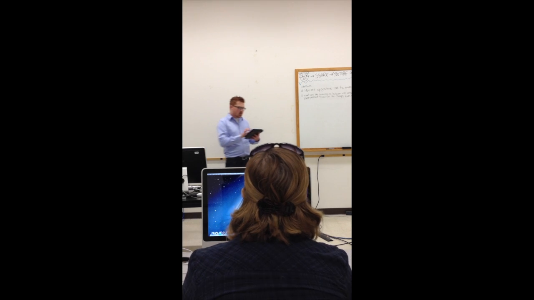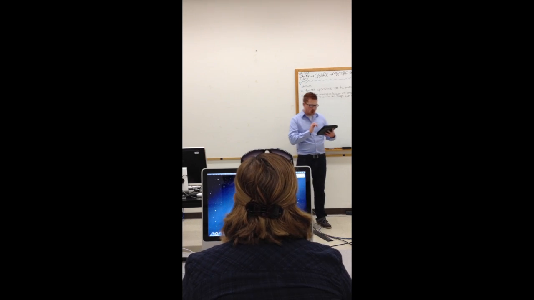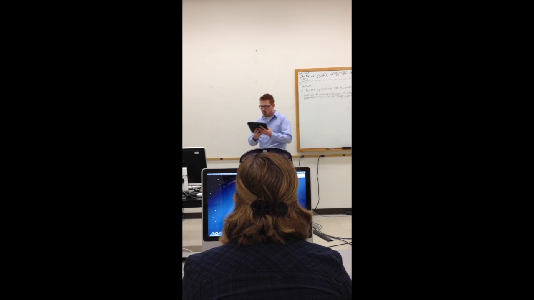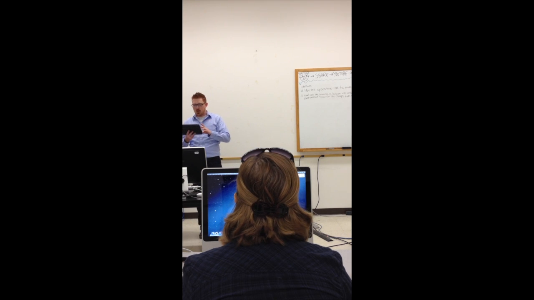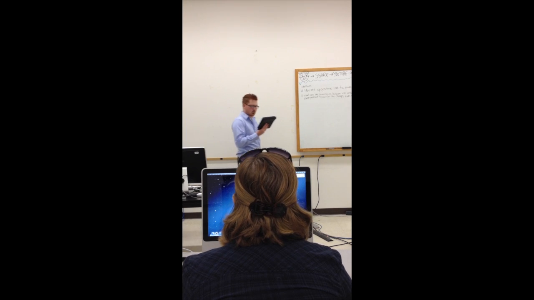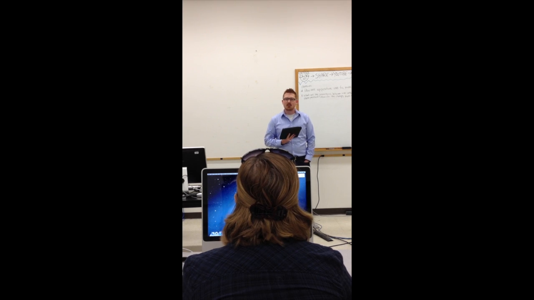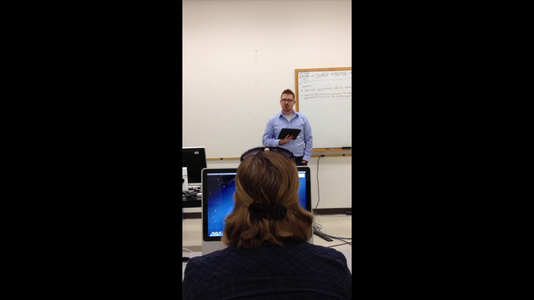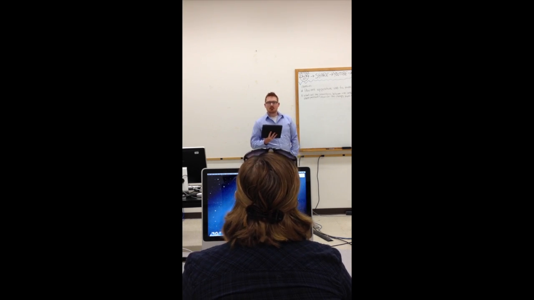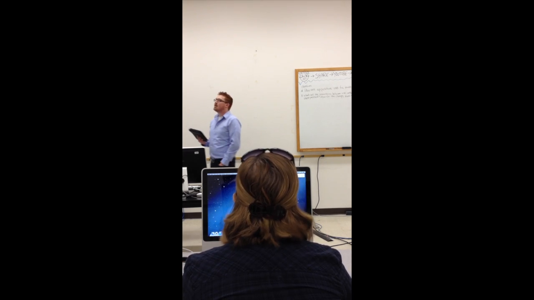Great. Alright, so let's see what we have here. So, Erin, would you like to share what you came up with for nouns? What is a noun? We said a noun is a person, place, or thing, and we said like a supermarket is a noun. Perfect. A noun is a person, place, or thing.